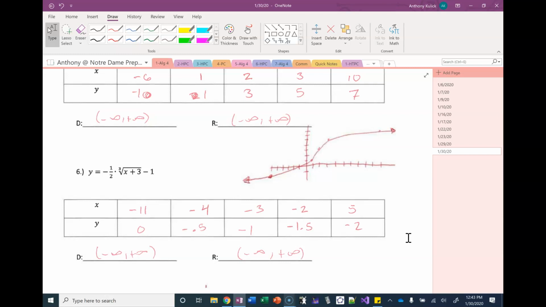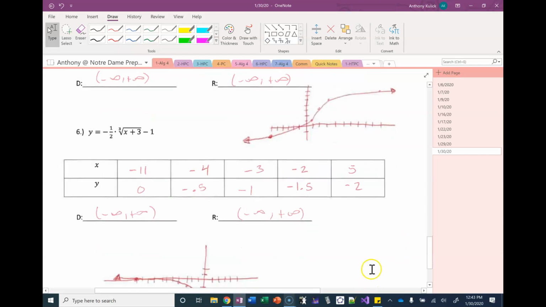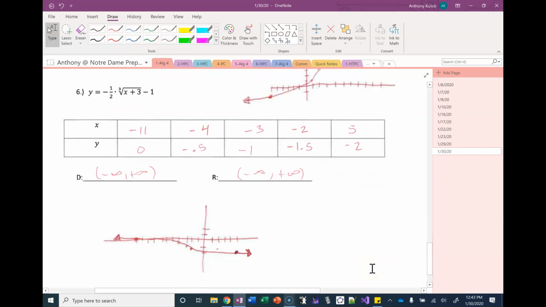You hate what? Okay. And then the last graph here at the bottom would have looked like that.